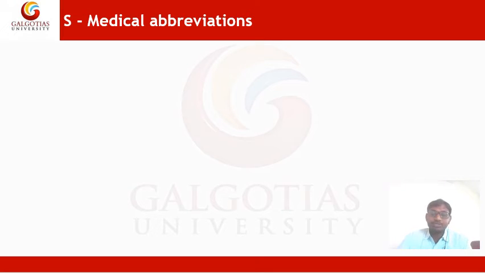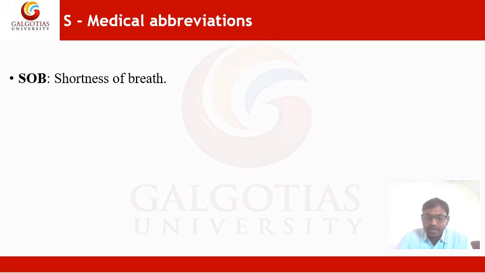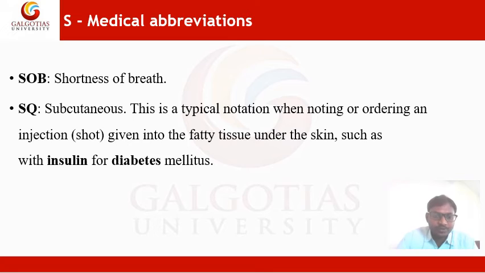Next, continue with the S medical abbreviations. SOB, shortness of breath, the respiration problem. SQ means subcutaneous. This is a typical notation when noting or ordering an injection given into the fatty tissue under the skin, such as insulin for diabetes mellitus.